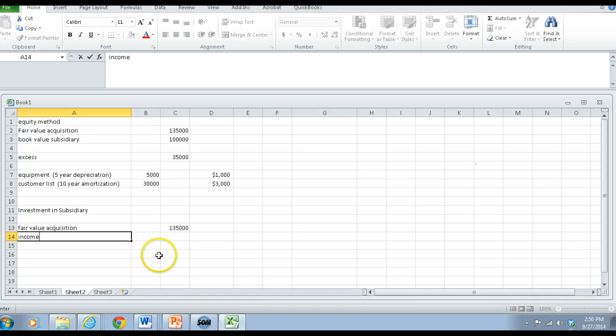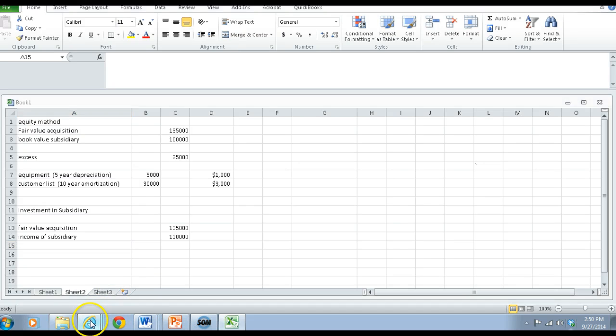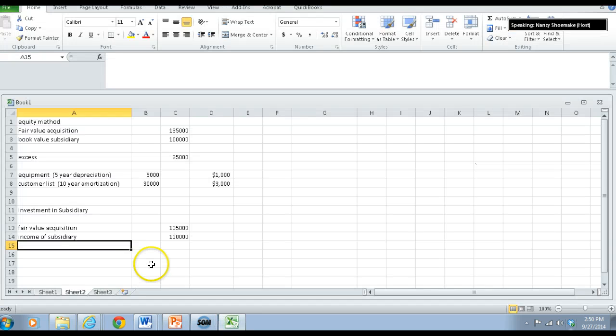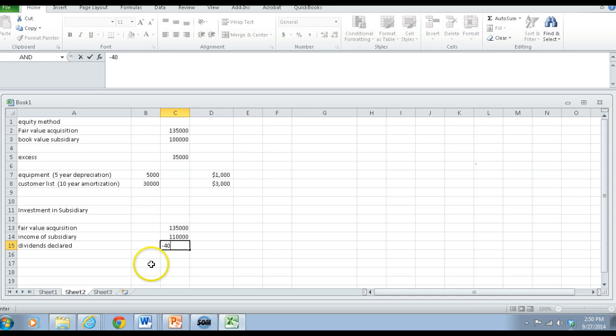So the income of the subsidiary is 110. Then the dividends that were declared by Turner were 50,000, so we show dividends declared minus the 50.